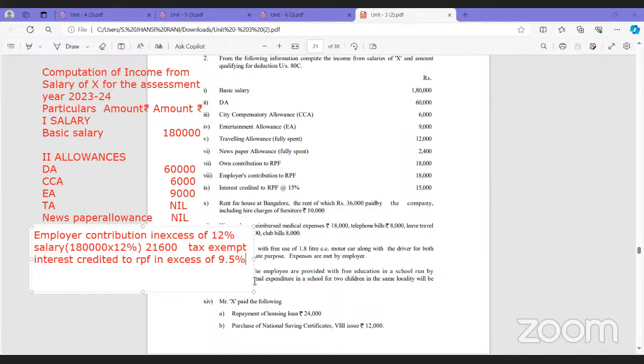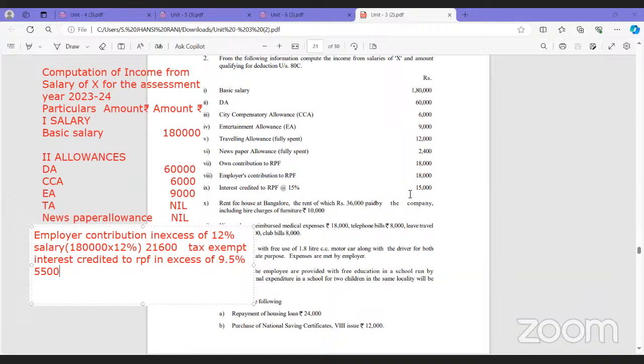How much is it? 9,500. Because it should not be more than 9.5. But how much is he getting? 15,000.